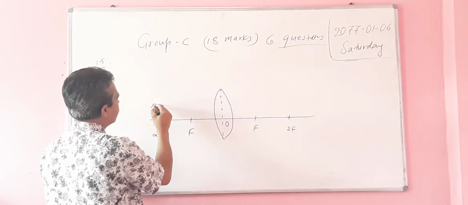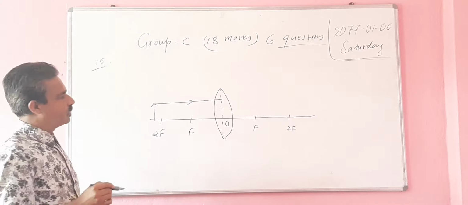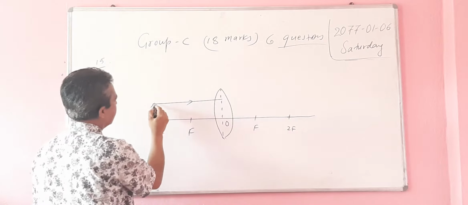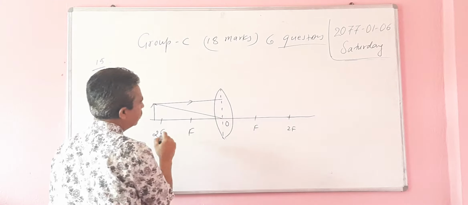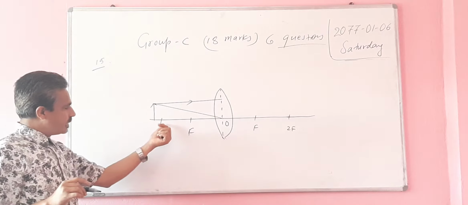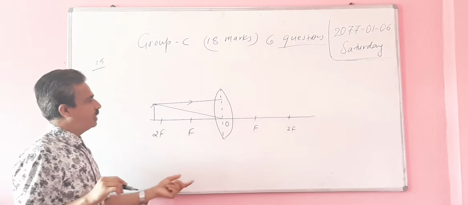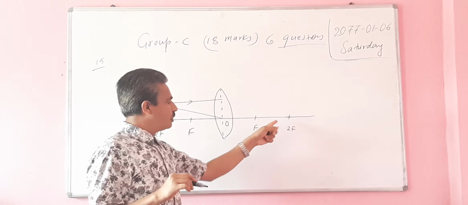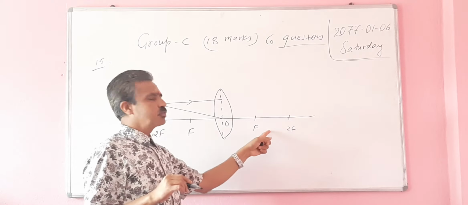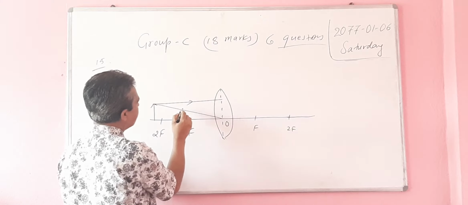First of all, draw a ray parallel to the principal axis. It is also given in the question, and another ray is also given up to O. Remember, when the object lies beyond 2F, the image is formed just beyond 2F on the other side of the lens. So how does the ray go?